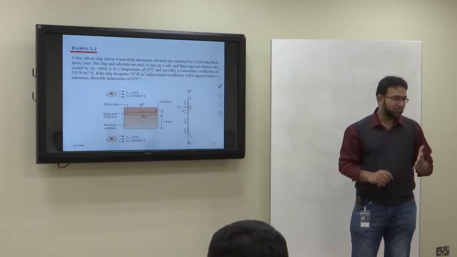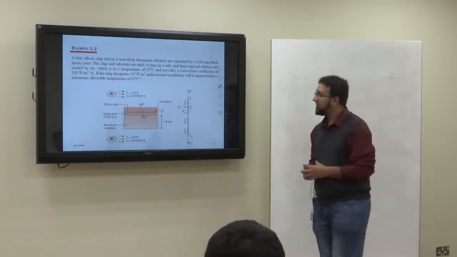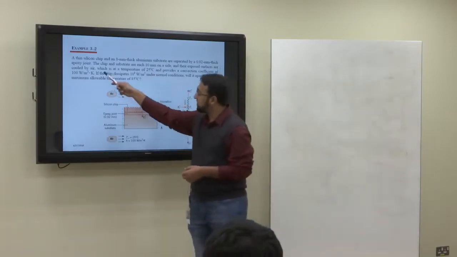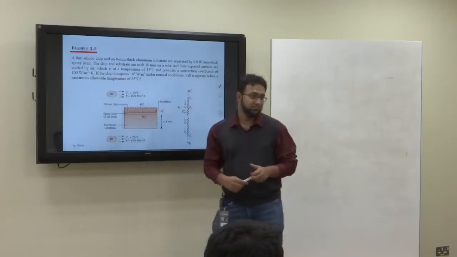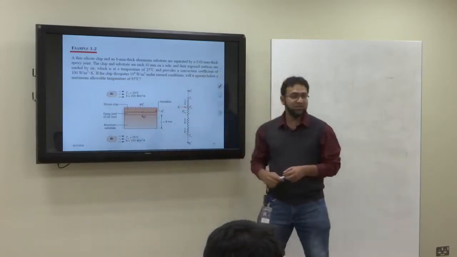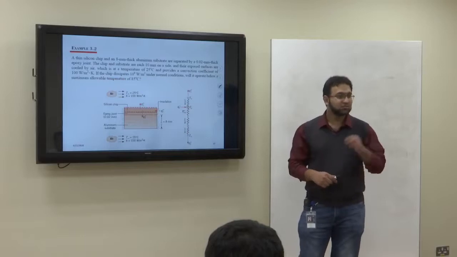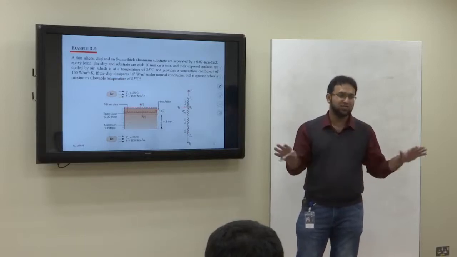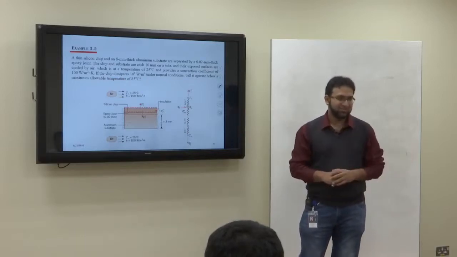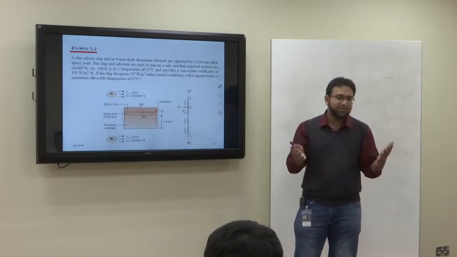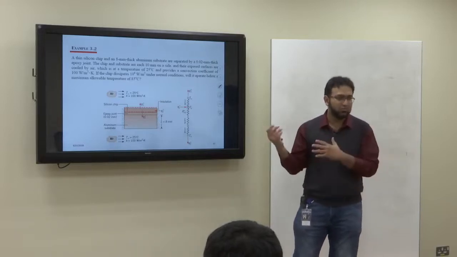It means something. So when they have written a thin silicon chip, thin has a very significant meaning. The meaning of thin is that it is really very thin, it has no thickness. It has thickness, but it's negligible for this problem.